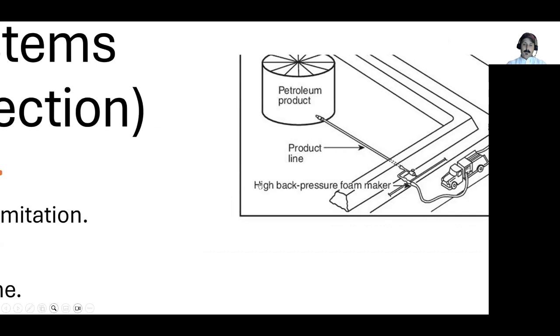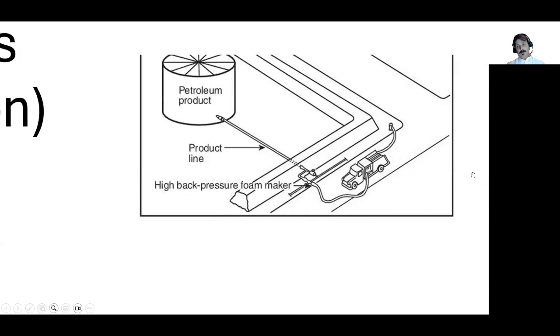One specific device must be used for such systems, which is the high back pressure generator or maker. This device allows us to introduce air into the foam solution that is coming from the fire truck. So the emergency responders will arrive with their fire truck, and the fire truck contains the foam concentrate.